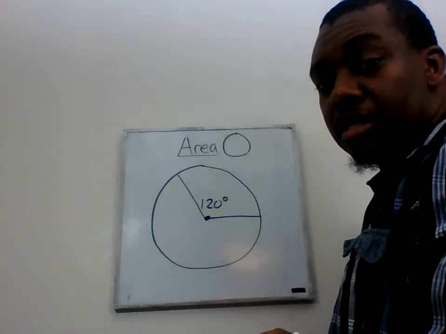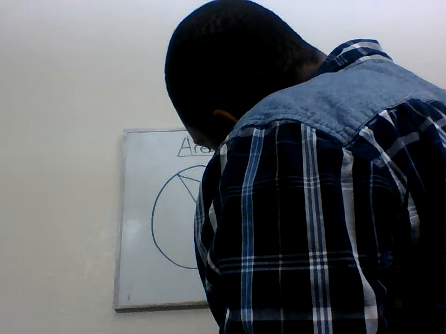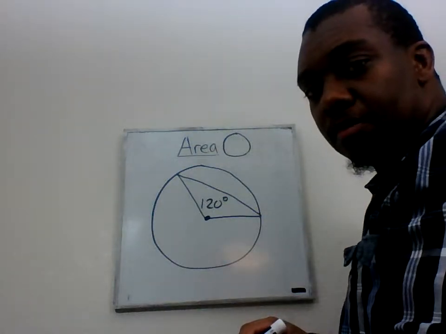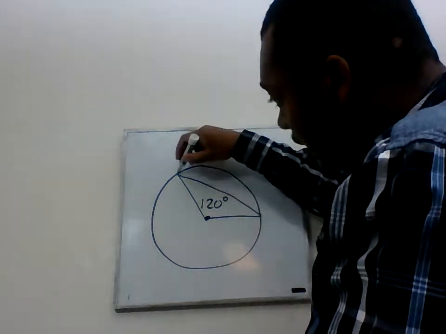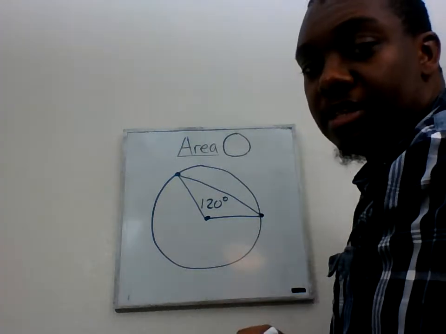Let's say we know this central angle is 120 degrees. And let's say this chord cuts it. Okay. Remember, a chord is a line segment whose endpoints are on the circle. So it goes from one point on the circle to another in a straight line segment.